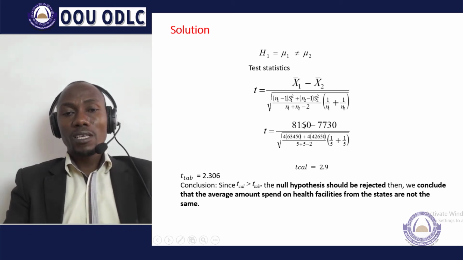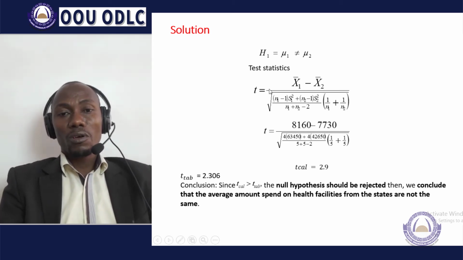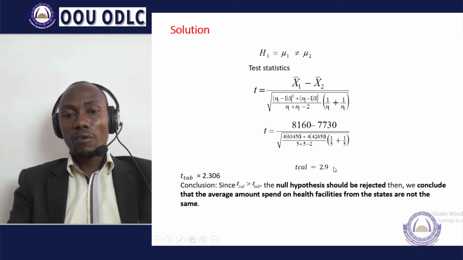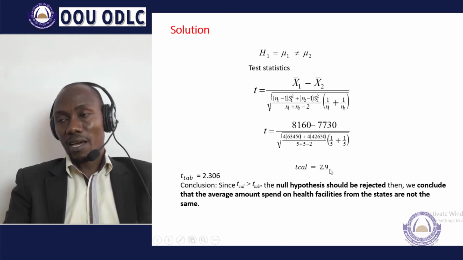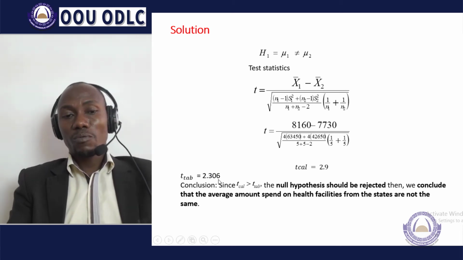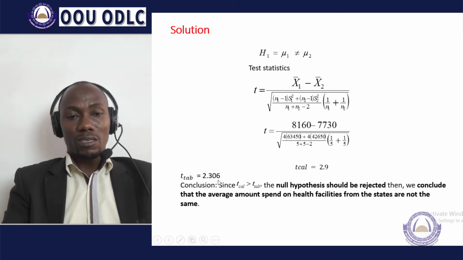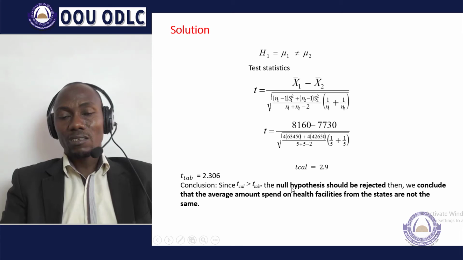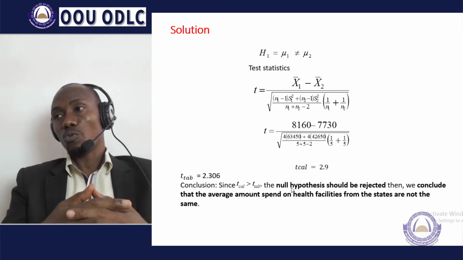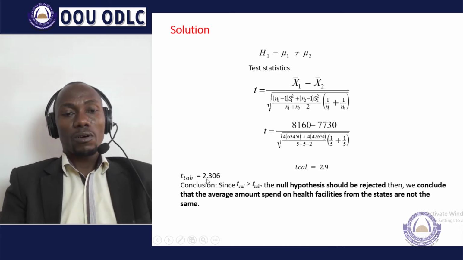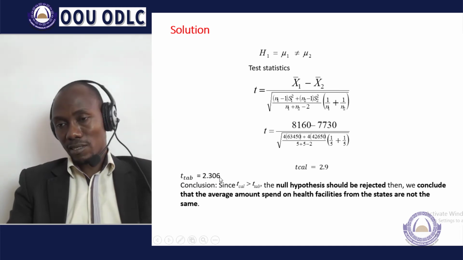From the previous calculations we have made, we can go ahead and substitute into the t-test statistic, and we shall obtain the value of the t-test statistic to be 2.9. Going to the t-distribution table at degrees of freedom of n1 plus n2 minus 2, that is 5 plus 5 minus 2, which is 8, we obtain the tabulated value to be 2.306.